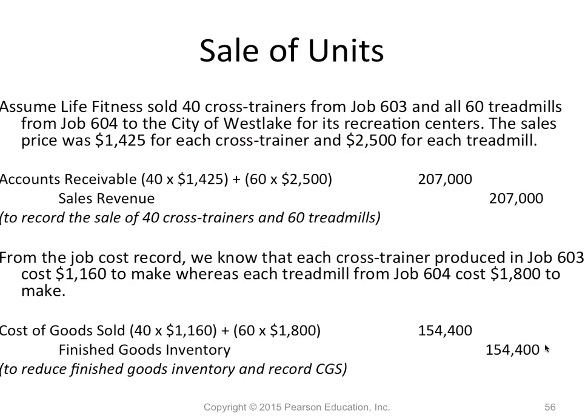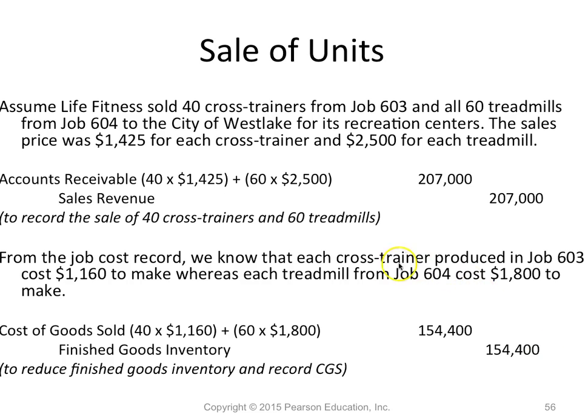So when you have the finished goods, you want to sell them. The company sold 40 cross trainers from job 603, and all 60 from job 604, to the city of Westlake for its recreation centers. The sales price was $1,425 for each cross trainer and $2,500 for each treadmill.